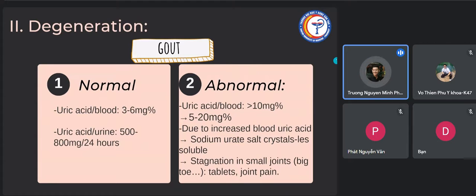This is due to increased blood uric acid, which can lead to sodium urate crystals that are less soluble or stagnate in small joints, for example the big toes. Next, please.